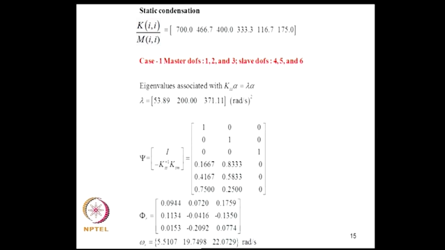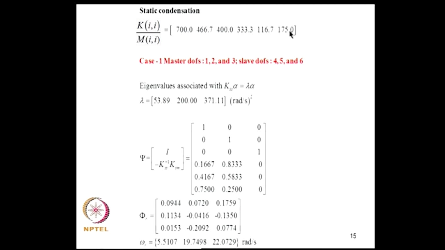So, to begin with, I can compute this ratio KII by MII. Now, the ratios are shown here. So, let us consider for purpose of illustration two alternative choices for master and slave degrees of freedom. In each case, we will try to reduce the model to a 3 degree of freedom system. So, in the first case, I will take the master degrees as 1, 2, 3 and slave degrees as 4, 5, 6.